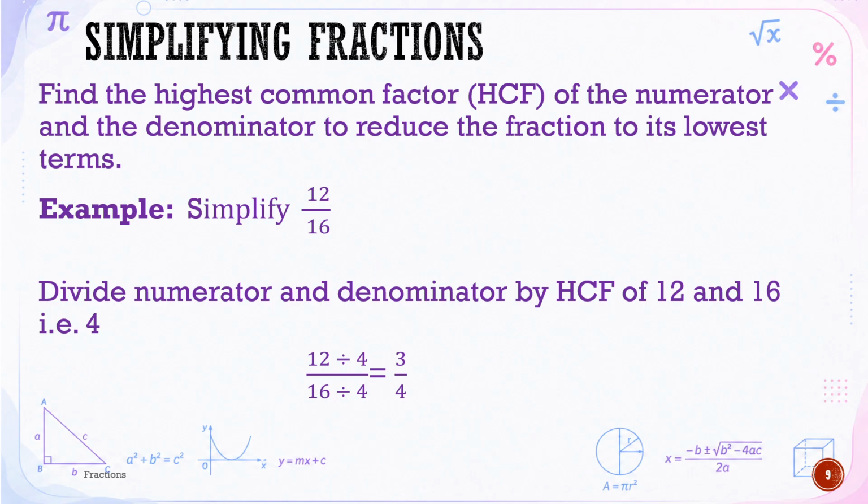We would divide both numerator and denominator by 4, that is 12 divided by 4 and 16 divided by 4, giving you 3 by 4. As we are dividing both numerator and denominator by the highest common factor, the final fraction that you will get is going to be in its lowest term, meaning this fraction 3 by 4 cannot be simplified any further.